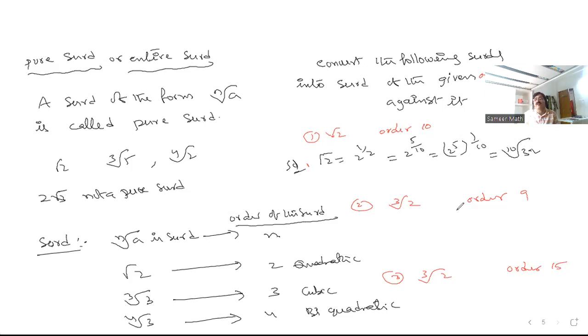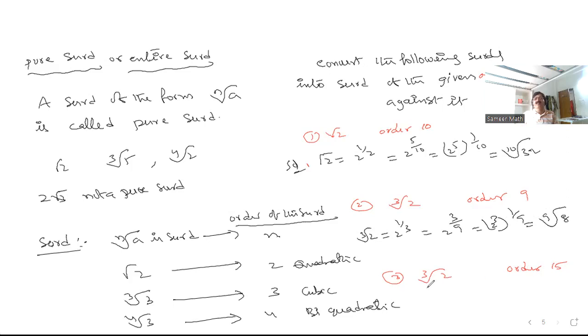You can convert to any order. Take down this example. Cube root of 2 is given, 2 to the power of 1 by 3. We have to change this to a surd of order 9. How? Multiply by 3 and divide by 3. It becomes 9. So 2 cube, whole to the power of 1 by 9. So you get the 9th root of 8. Now I want to change this one to order 15.